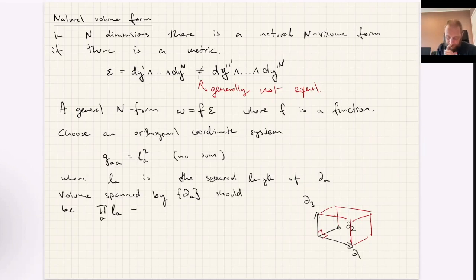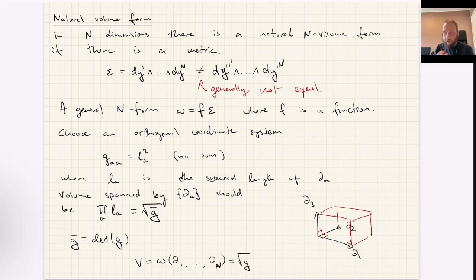But this is equal to the square root of G bar, where G bar is the determinant of the metric tensor. So if I want omega here to represent the volume, then I should have this relationship: ω(∂1, ..., ∂n) equals this product, this square root of G bar.